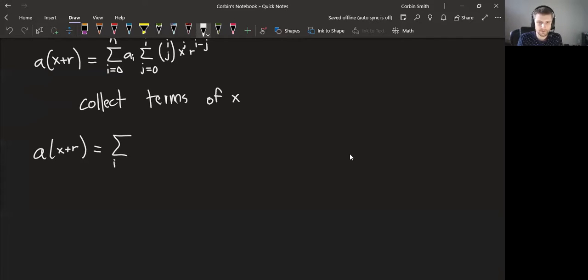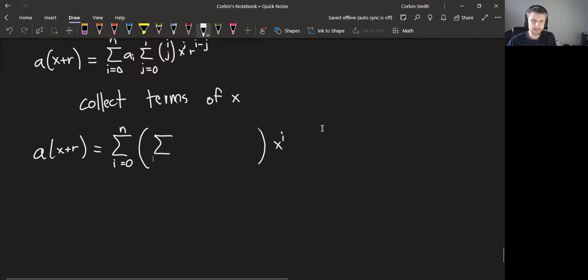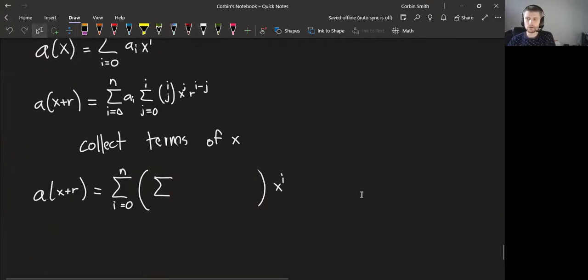So i equals 0 to n. Now, we want to collect terms of x to the i. So we're going to need a sum here. It's not clear what kind of sum this is going to be just yet. All right, so we're looking for the ith term. So let's just examine this for a couple of values of i.